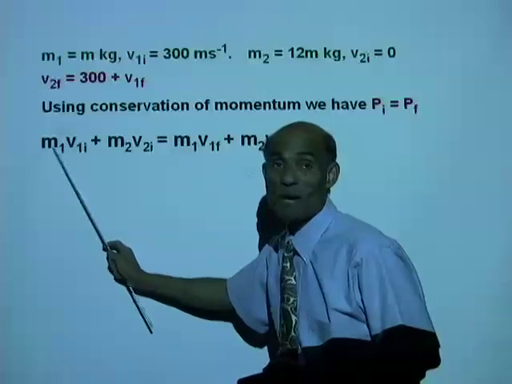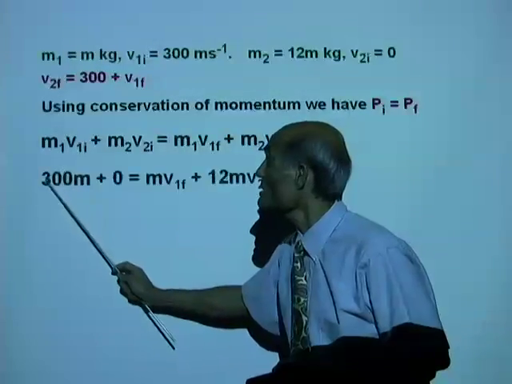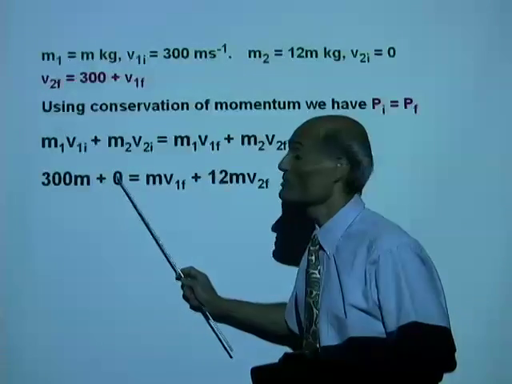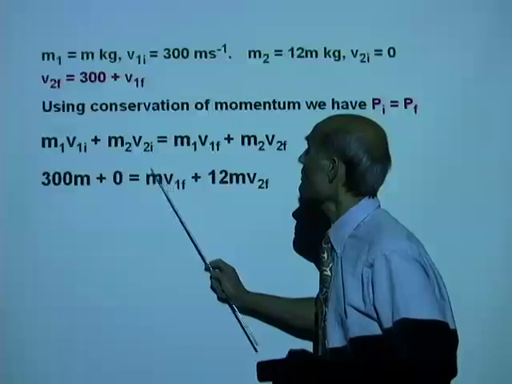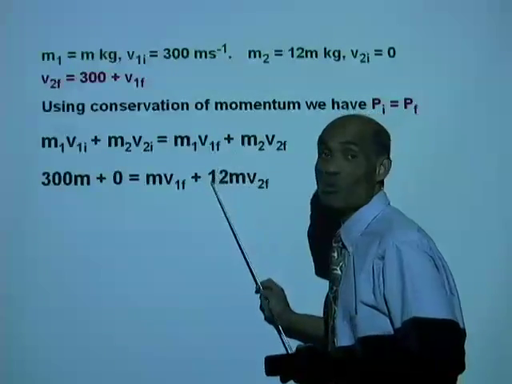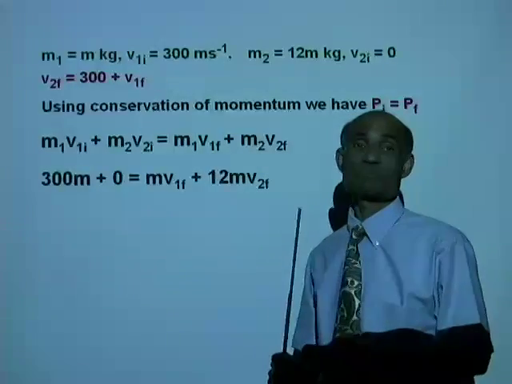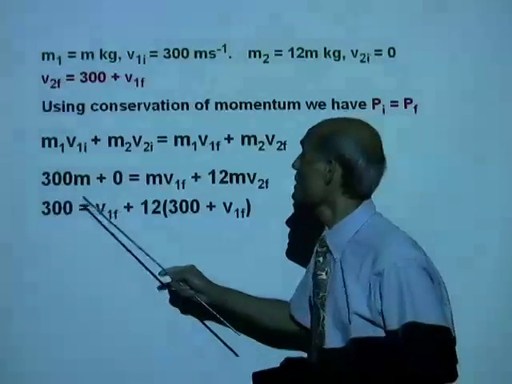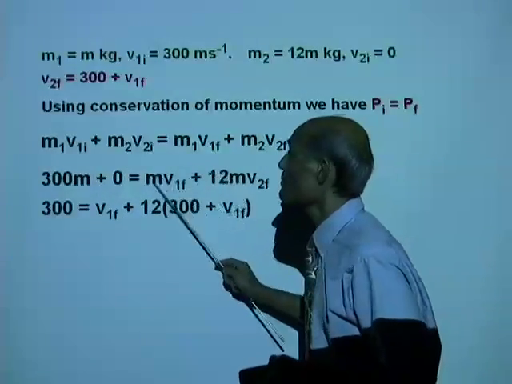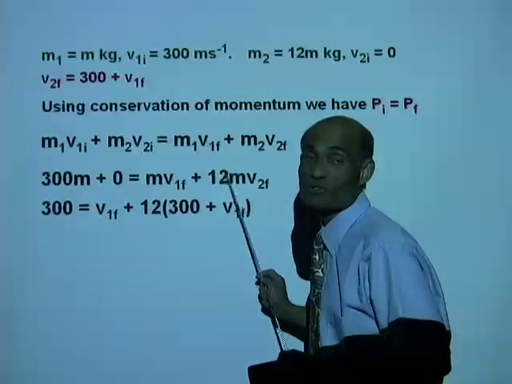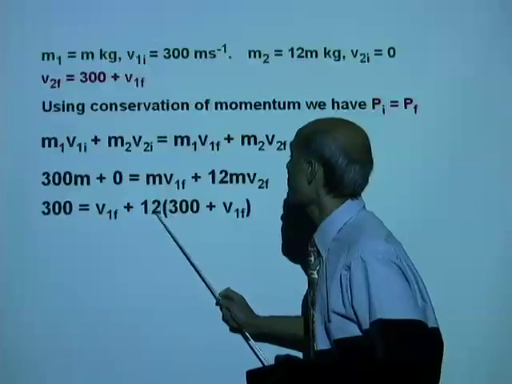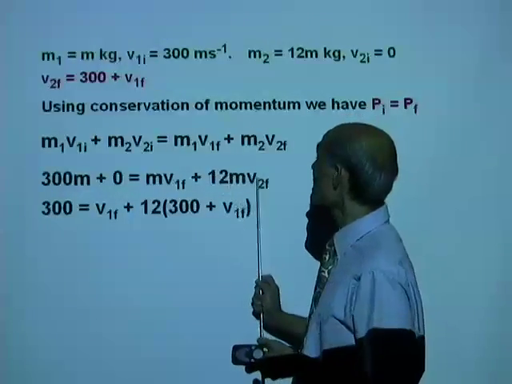M1 is m, V1I is 300, so 300m, plus, since V2I is 0, that is 0, equal to M1 V1F, that is m times V1F, plus M2, which is 12m, times V2F. Now, since m is present everywhere, we can divide by m. So m will go. We have 300 equal to V1F plus 12 times V2F.